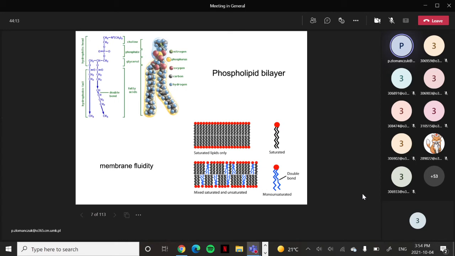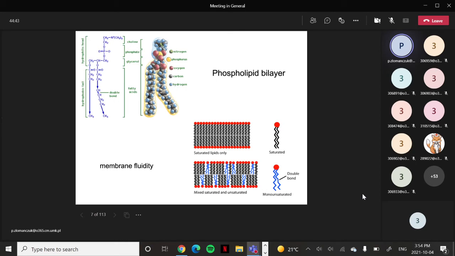When the thin person gets into the crowded bus, they can squeeze through the crowd of people with relatively low disturbance. But if someone is really big, it causes a lot more disturbance in this group of people. So this is somewhat similar to the effect of unsaturated bonds on the membrane fluidity.